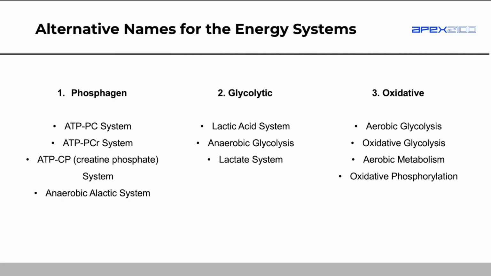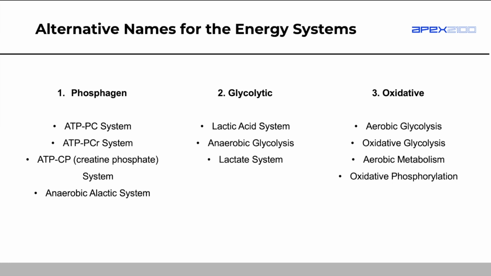And then oxidative, also referred to as aerobic glycolysis, oxidative glycolysis, aerobic metabolism. There's so many different ways that people mention these three systems. So you can always refer back here if you're confused. If you read something and you don't know what they're talking about, refer back here and you can figure out which of the three systems it is.